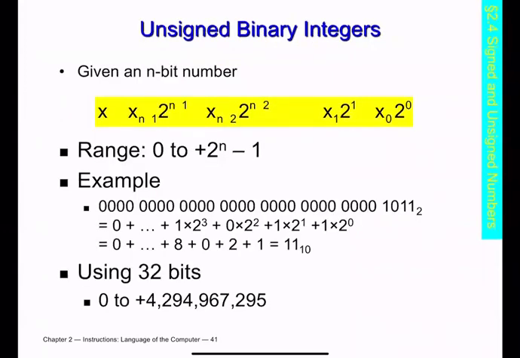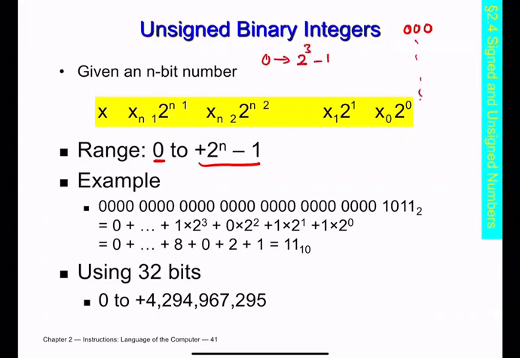I would also like to remind you about unsigned binary integers, which can go in the range from 0 all the way to 2 to the power of n minus 1. So let's say you have 3 bits. You can count from 0 all the way to 2 to the power of 3 minus 1.